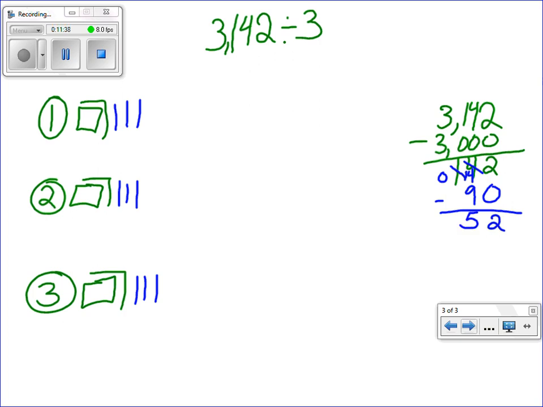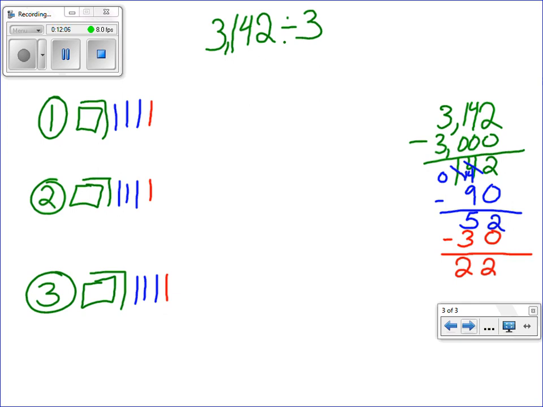I'm left with 52 objects left to share. Now I still have some more tens that I can share because I have 5 tens sitting in the 10 spot. So I'm going to give each one just one more 10. Now I have shared 30. So I'm going to subtract 30 from 52, and that gives me 22.